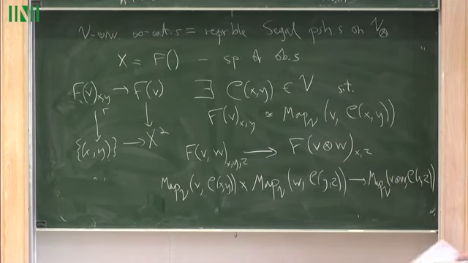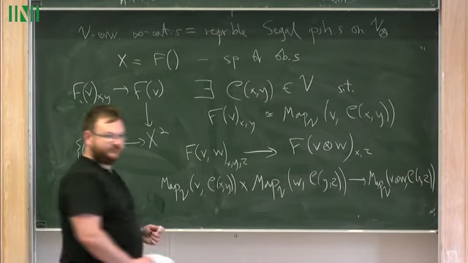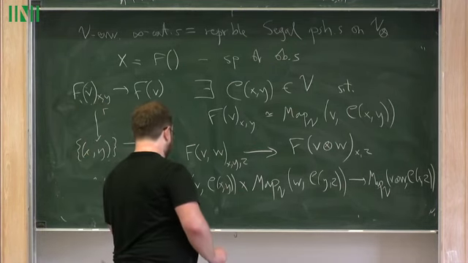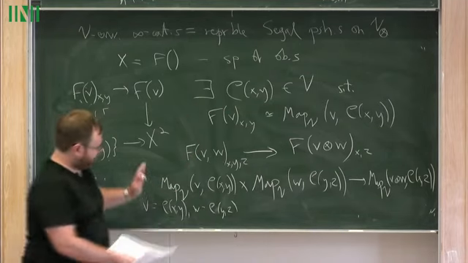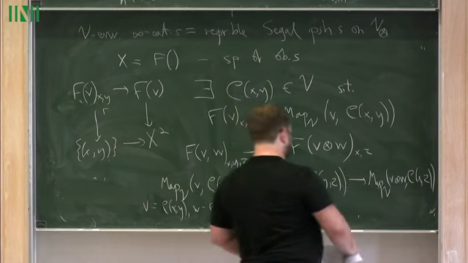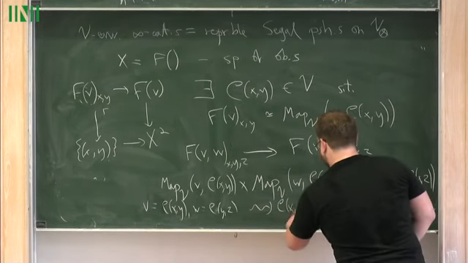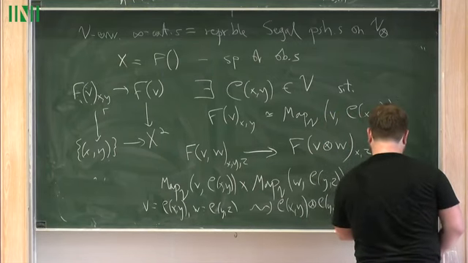Now if I have such a natural family of maps, I can put v to be C(X,Y), w to be C(Y,Z), and choose the identity maps, and then we get a composition map from C(X,Y) tensor C(Y,Z) to C(X,Z).